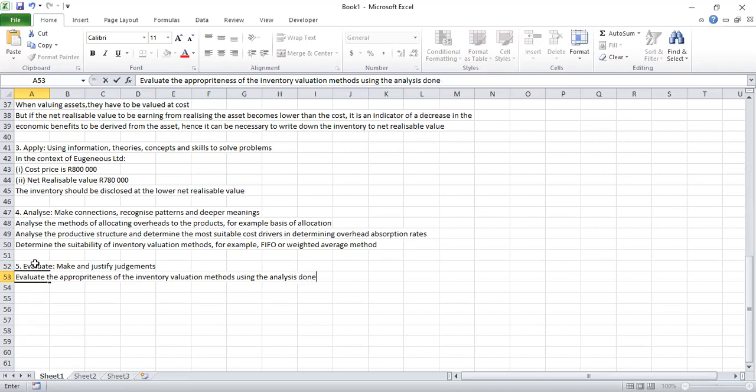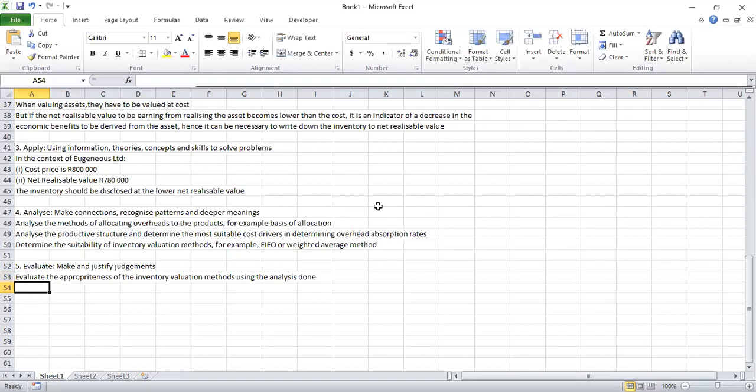You have analyzed through number 4. You did analyze the circumstances of the organization, and from your analysis, you have seen that the costs are being absorbed. Mainly the production system is machine related, so it is highly reasonable to use machine hours to allocate overheads. So my machine hour absorption rate is the most appropriate.